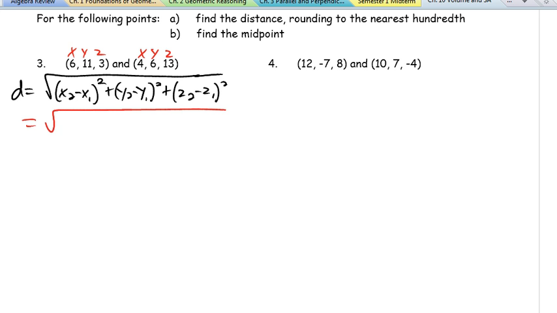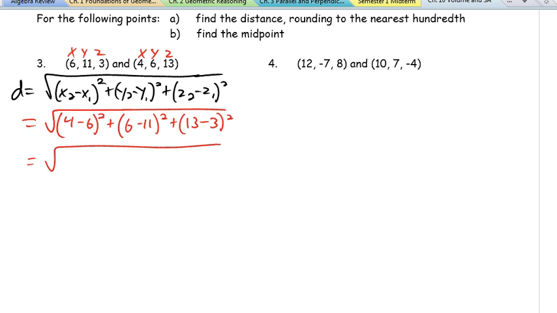So we have the square root of x2 is 4 minus x1 is 6 squared plus y2 is 6 minus y1 is 11 squared plus z2 is 13 minus 3 squared. So we get negative 2 squared plus negative 5 squared plus 10 squared.